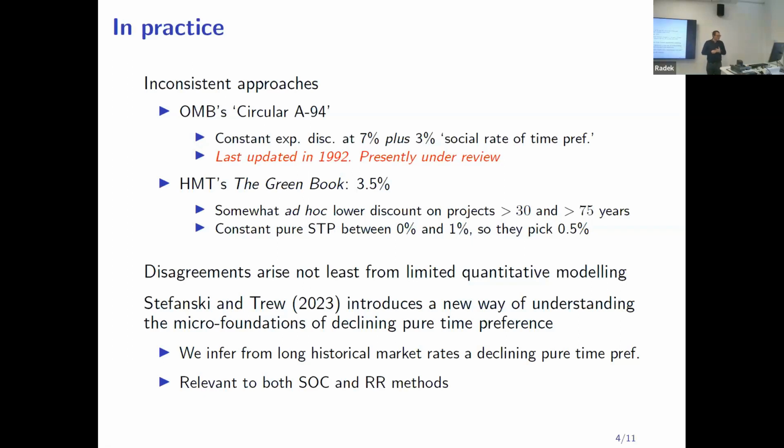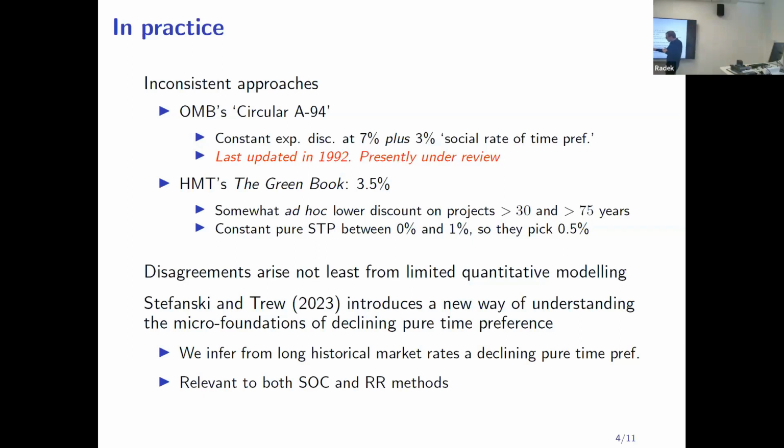Disagreements arise not least from limited quantitative modeling, but also from the choice and justification of choosing. What we've done is introduce a new way of understanding the micro foundations of declining pure time preference, so why it is that we think people become more and more patient as time goes on.